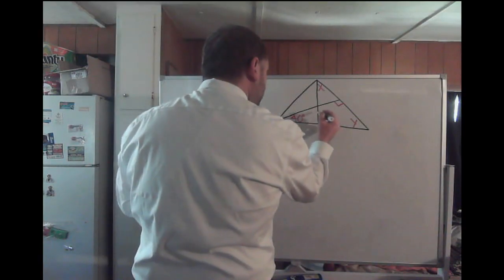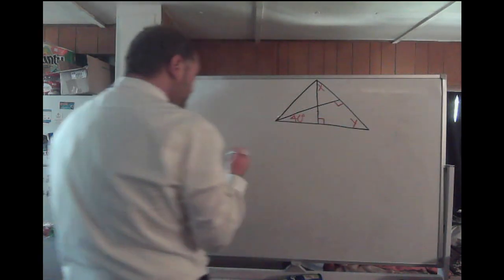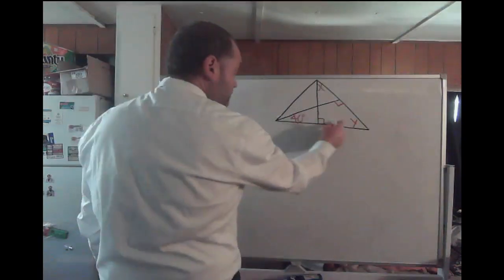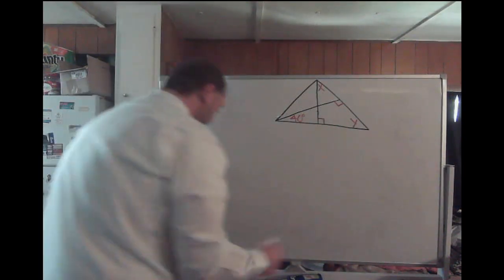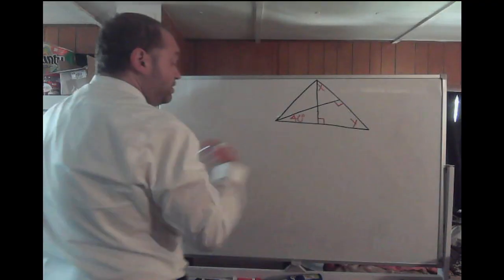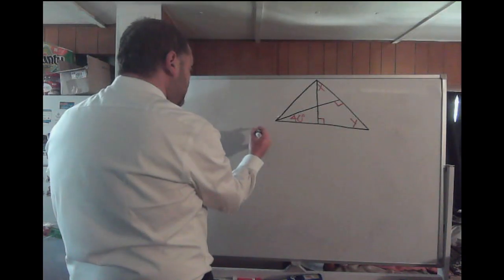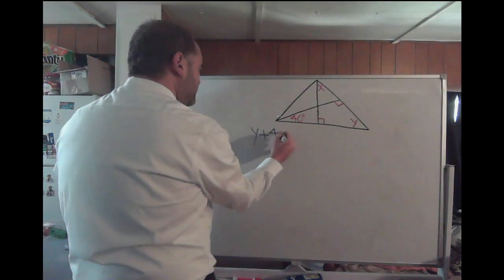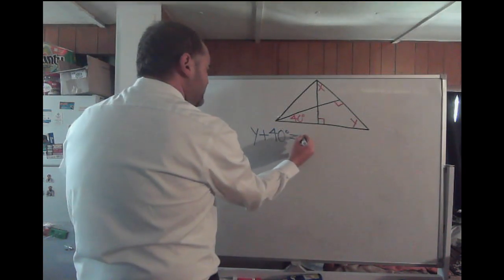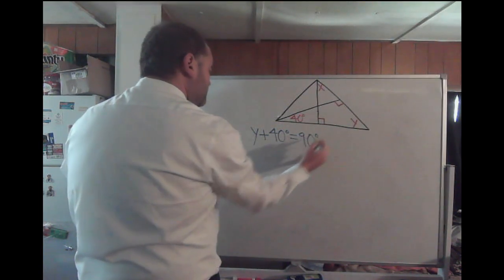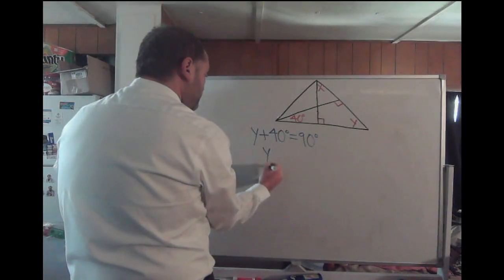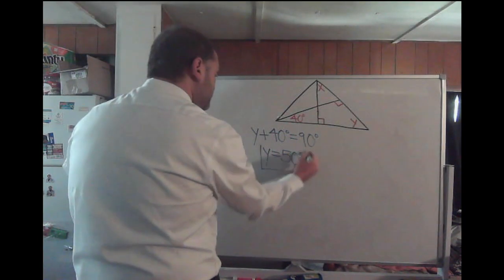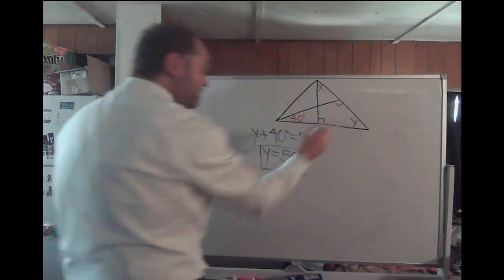This suddenly isn't so bad. Because remember, the acute angles of a right triangle are complementary. So all we have to do now to solve for y is we'll take that y plus 40 degrees, we'll set that equal to 90 degrees, which therefore would render y as 50 degrees. So that's easy enough. Y would equal 50 degrees.